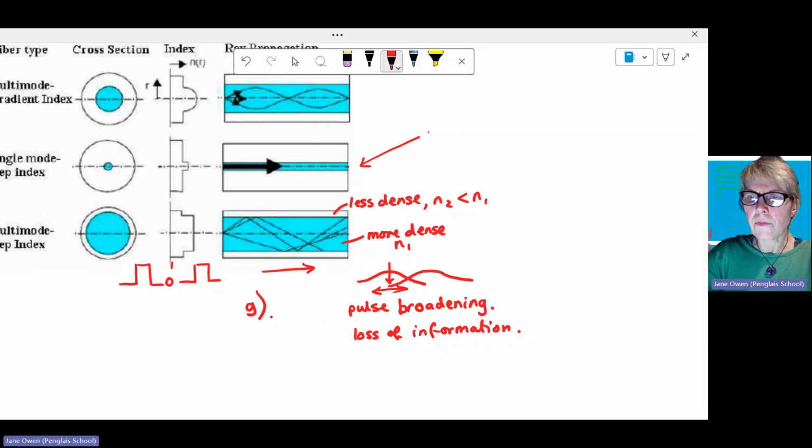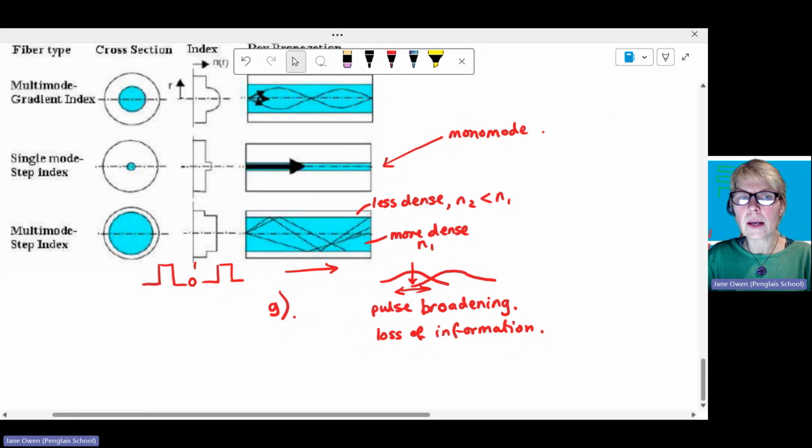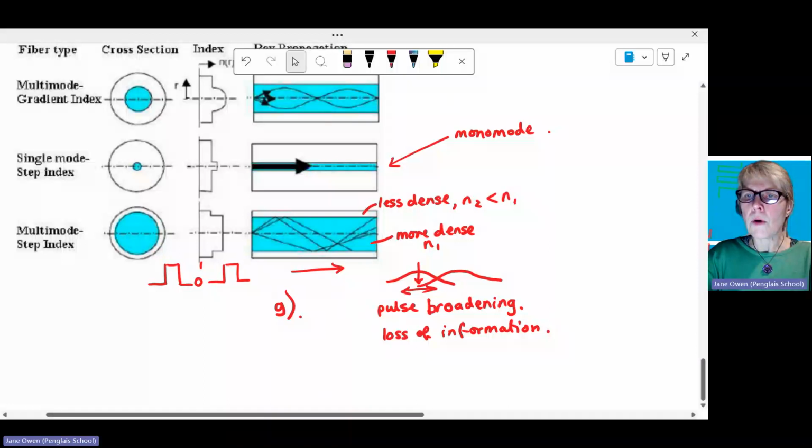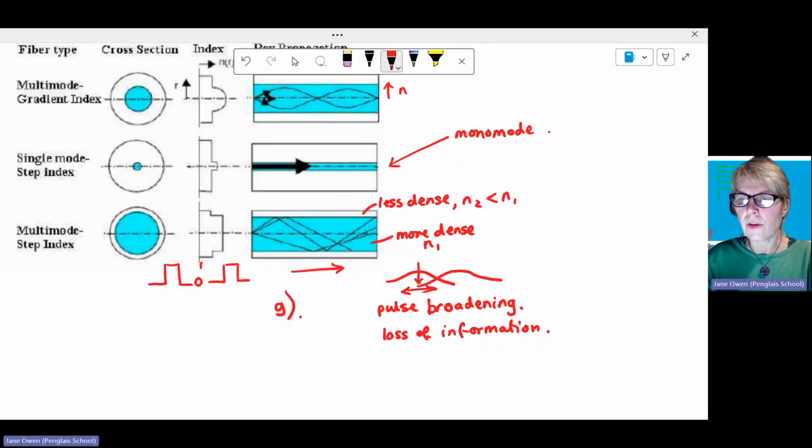The monomode fiber only allows for one path throughout the fiber optic. There is another clever way called a gradient index, where you change the refractive index so that it gets smaller and smaller as you go out from the middle to the outside.